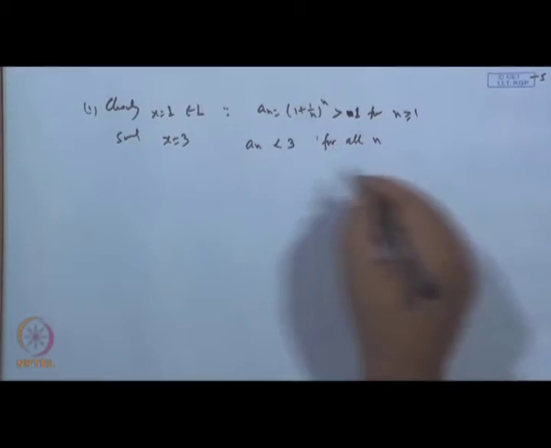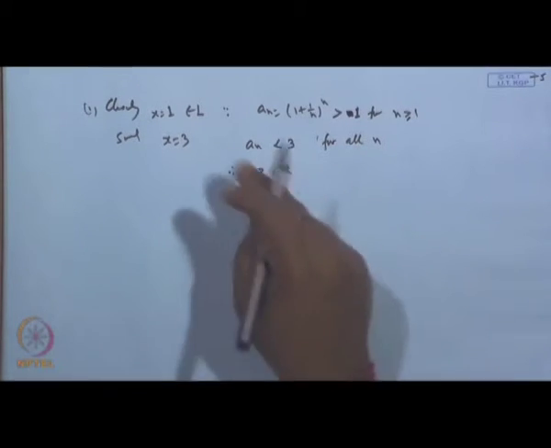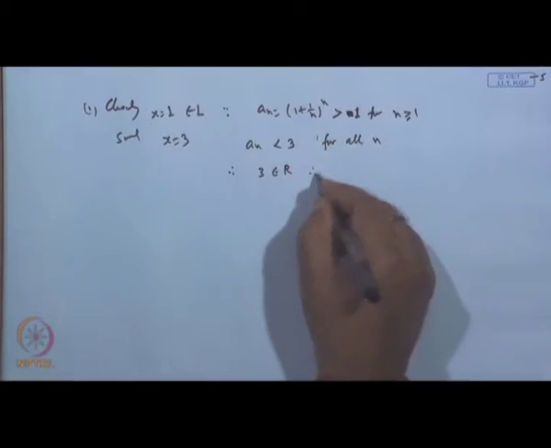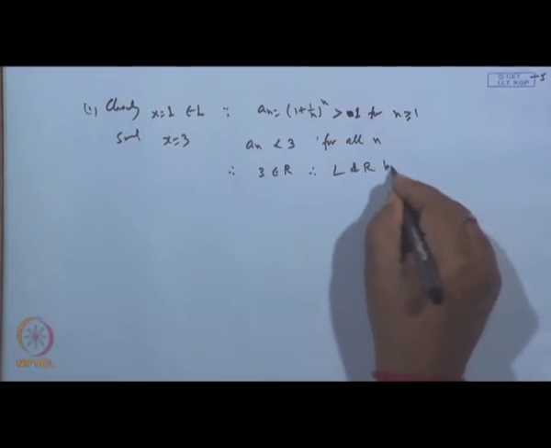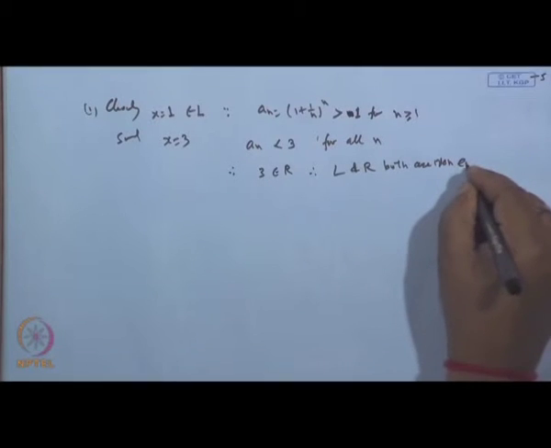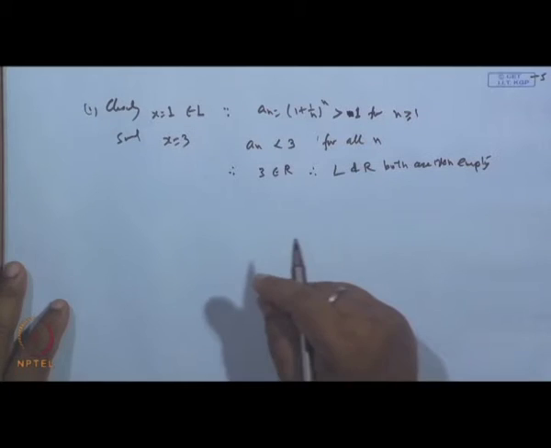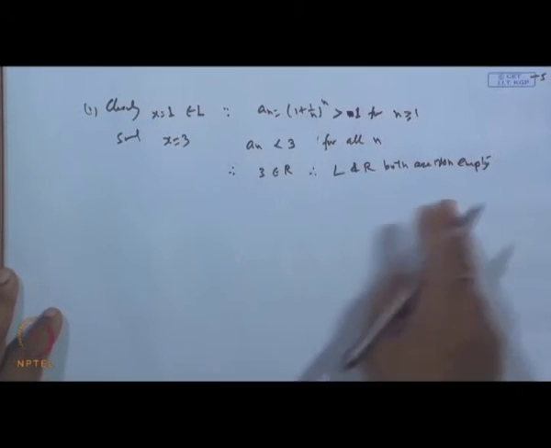So, 3 belongs to R. So, L and R both are non-empty. This is the first result to show in Dedekind's section.